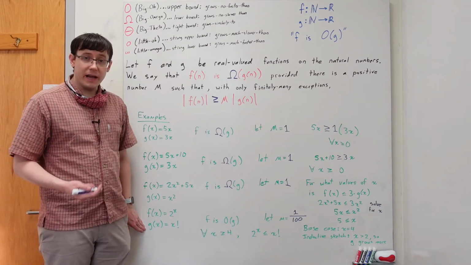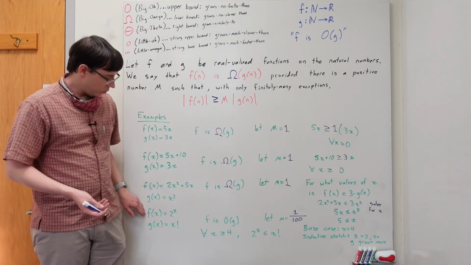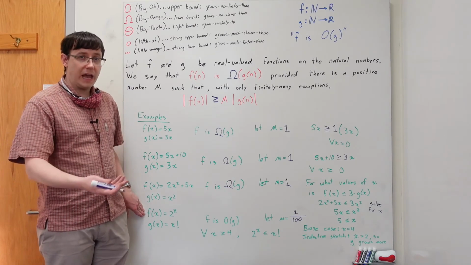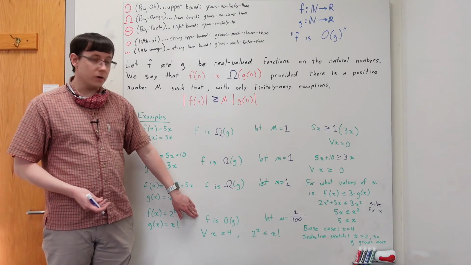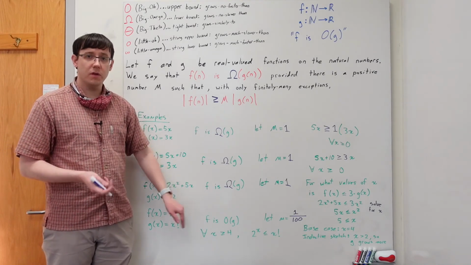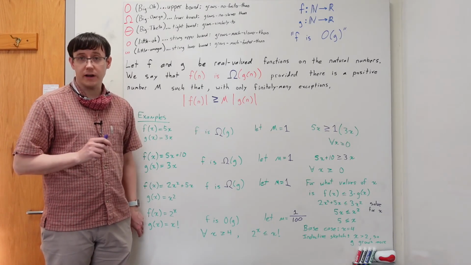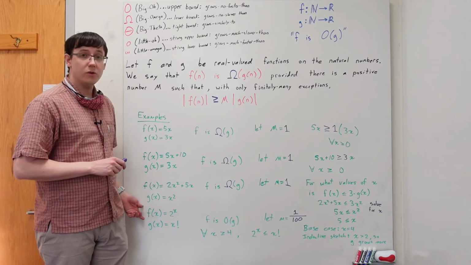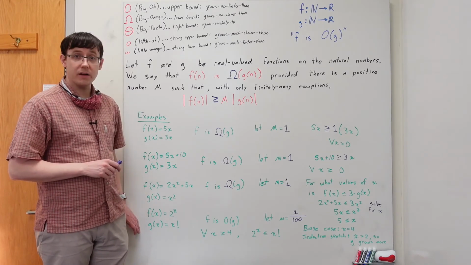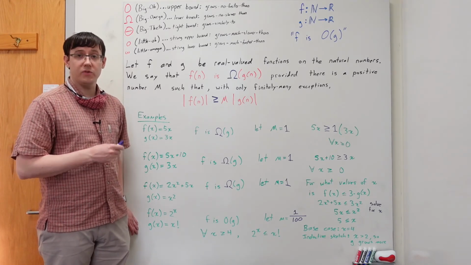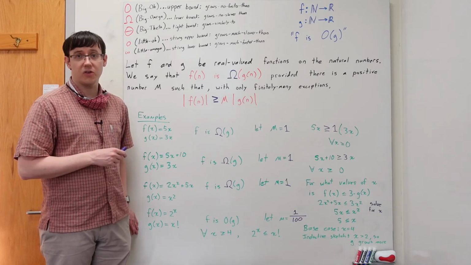So if we divide x factorial by 100, will that be smaller than 2 to the x? Well, it will be smaller for a few more terms, but if you evaluate 1 over 100 times 10 factorial and 2 to the 10th, you'll find that 1 over 100 times 10 factorial is much, much larger.